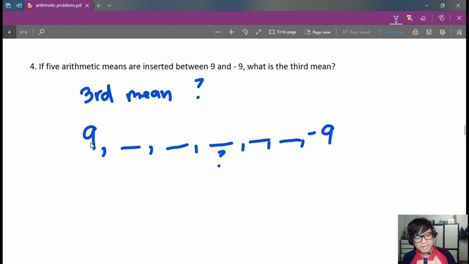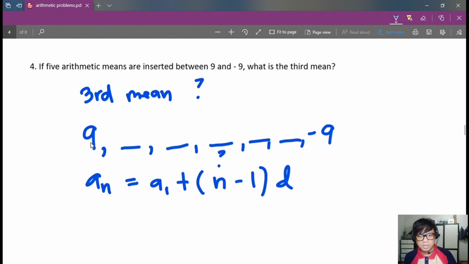So, we have the first term. We have the last term. And we don't know the common difference. Tama? Pero, we know the number of terms. So, ibig sabihin, gagamitin natin yung formula. Pero, ang hahanapin muna natin first is si common difference.